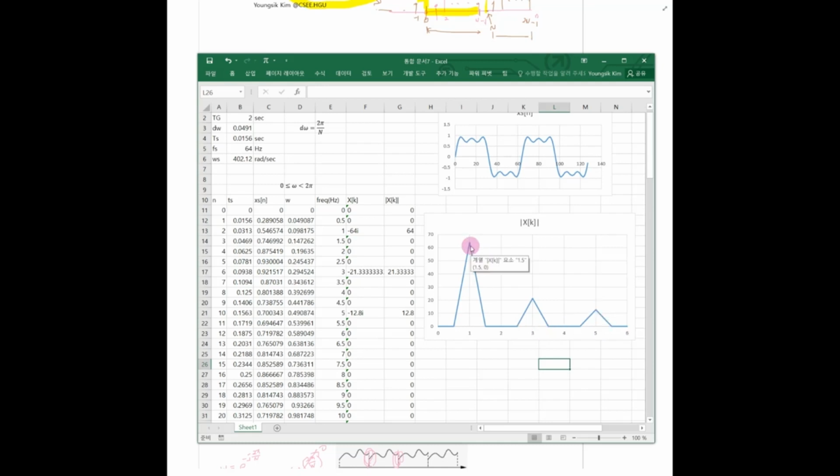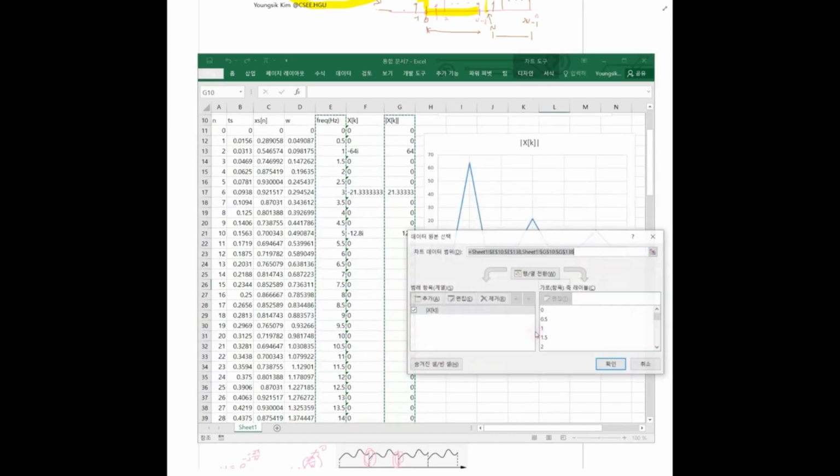So this one corresponds to 1 Hertz and 3 Hertz and 5 Hertz. In the normalized angle this is 1, and the normalized one is 0.049, and this one is 0.029, and this one is 0.49, like that.